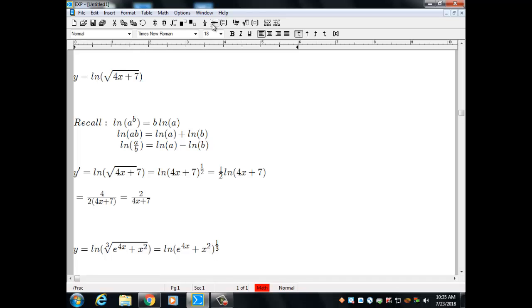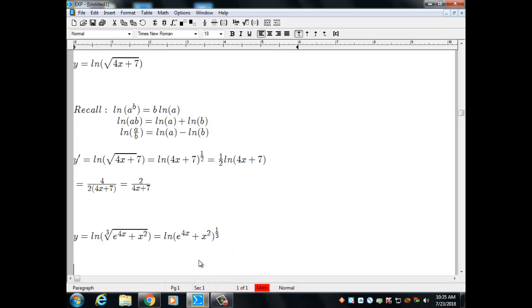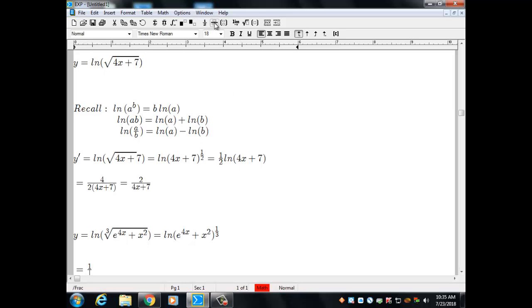So that the 1/3 can get moved out to the front. So now we'll move the 1/3 out front, and then we'll deal with derivative of this piece. Yes? So what is that?